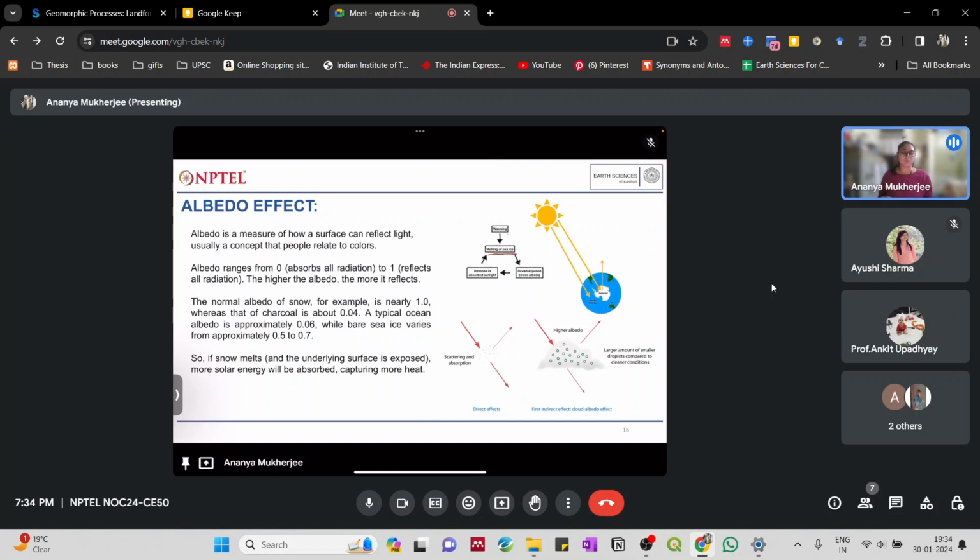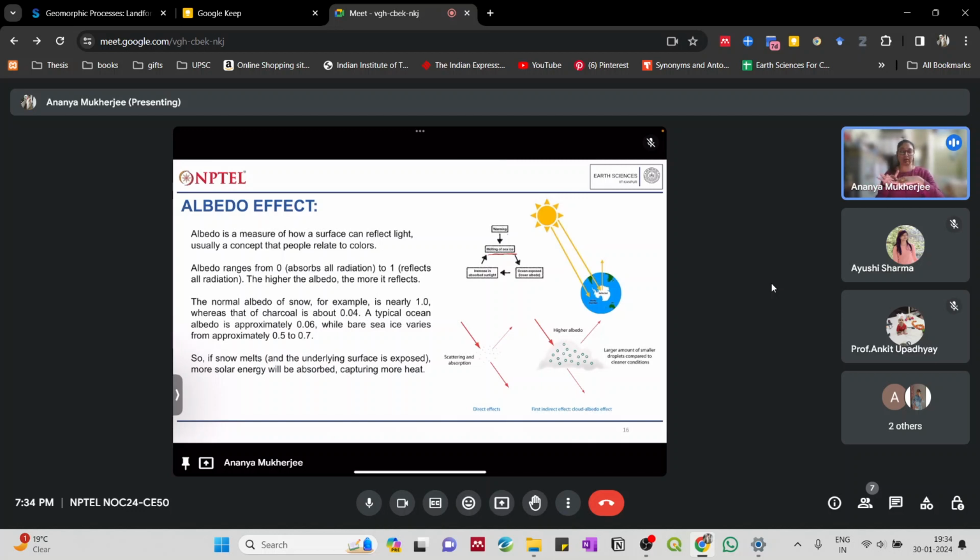Okay, I will explain it with respect to ice. The albedo effect is how a surface can reflect light. It can also depend on the smoothness of the surface. If your surface is smoother, it is easier for the light to hit it and get reflected, so it happens along just one pathway.